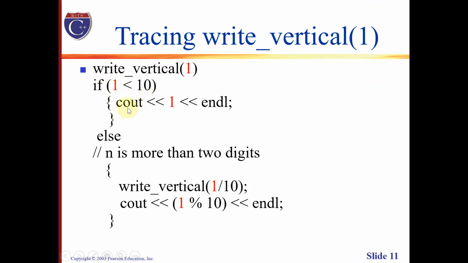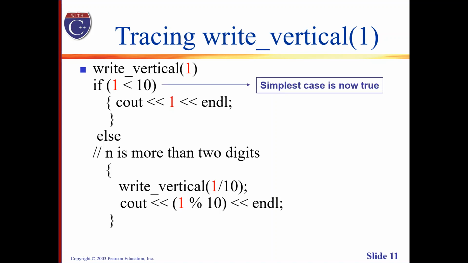Therefore, it will proceed with displaying the final value of our input, which is 1. And looking back at our previous output that was temporarily stored, it is now time for them to be retrieved, for them to be displayed on the screen as our final output.